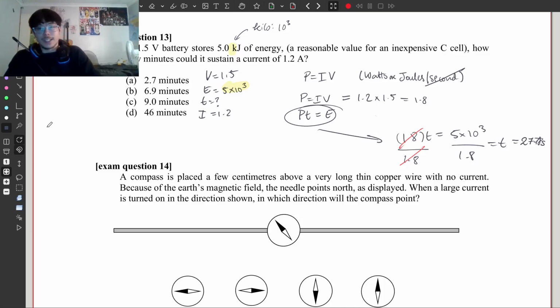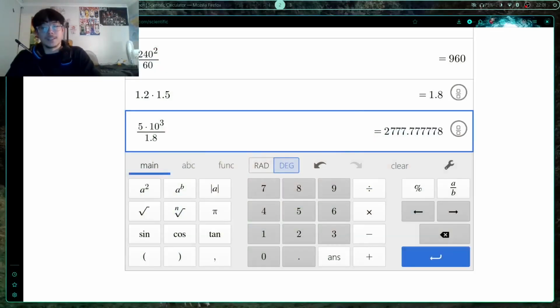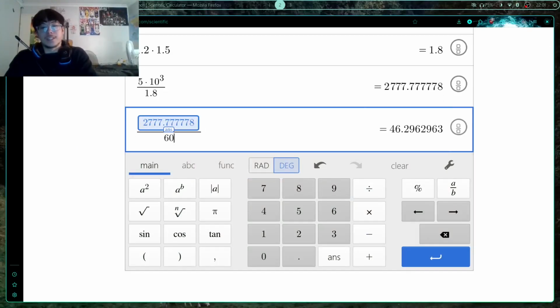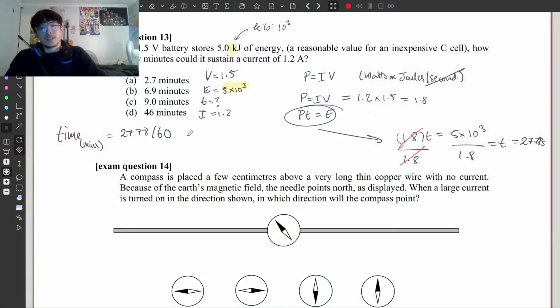So we have to get our time in minutes to be equal to 2778 divided by 60, because there are 60 seconds in a minute. So then we divide it by 60, and we get 46.29 minutes, which means that D is our answer.